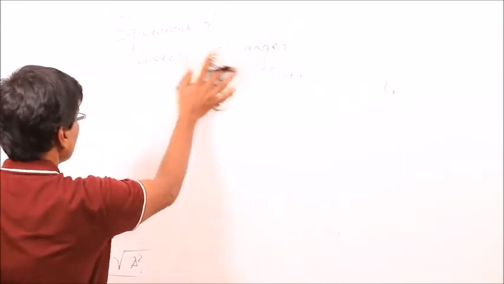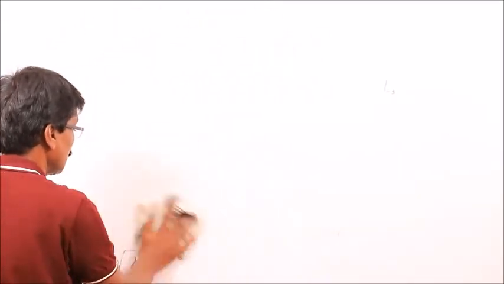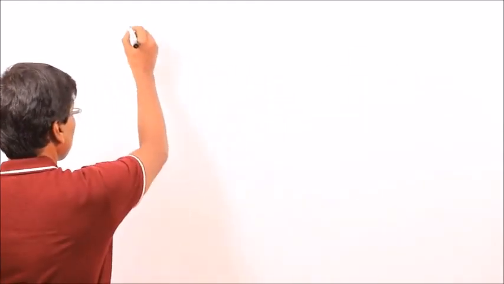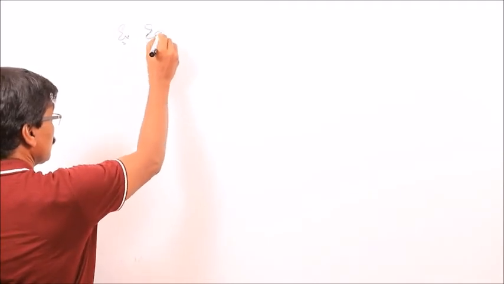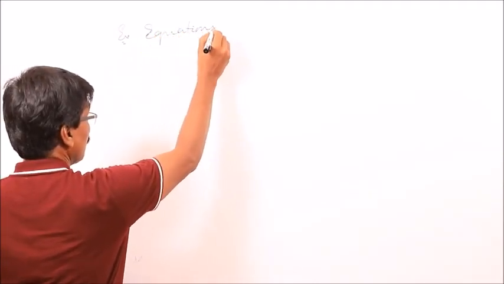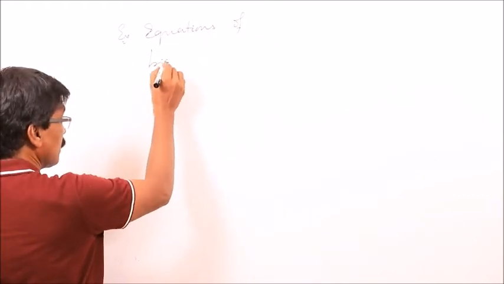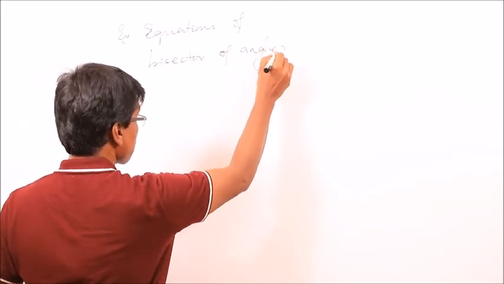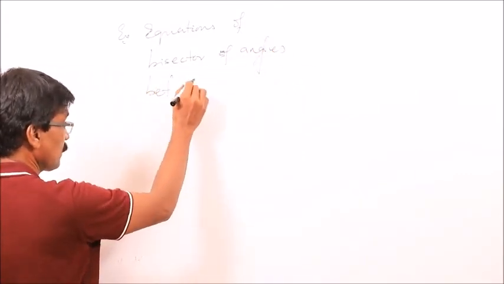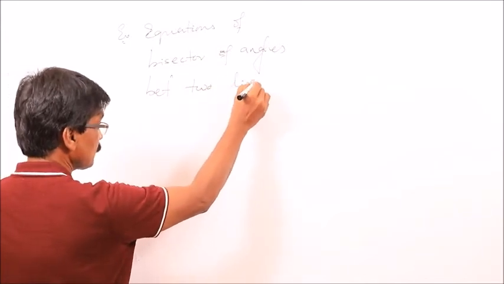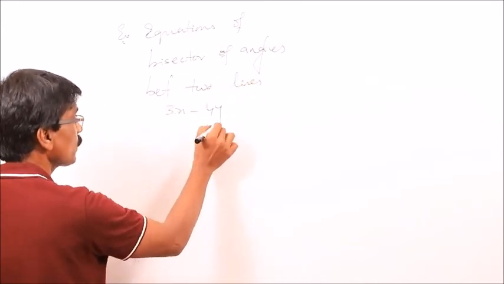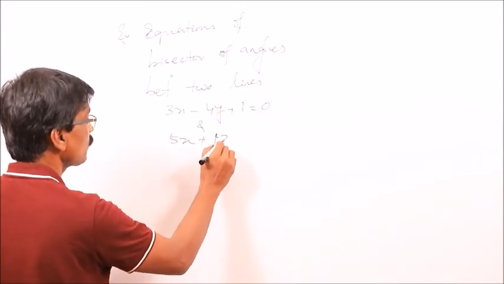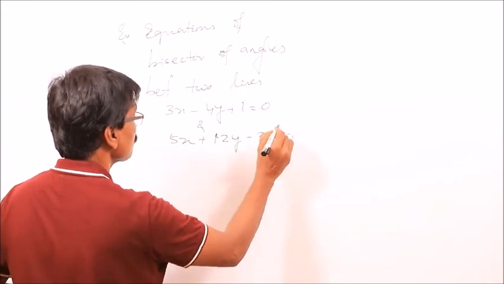So, we can take one example. Equations of bisectors of angles between two lines 3x minus 4y plus 1 is equal to 0 and 5x plus 12y minus 3 is equal to 0.